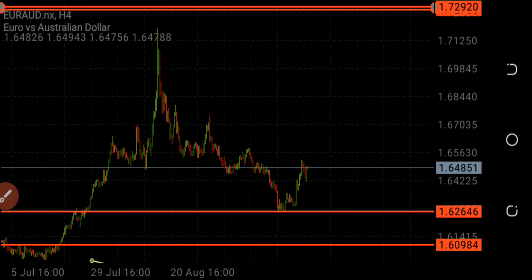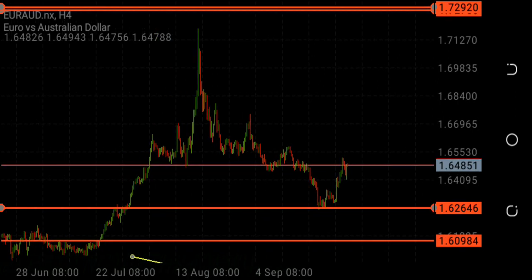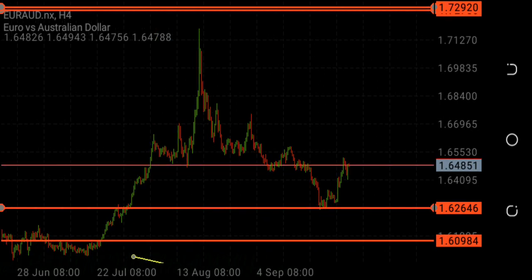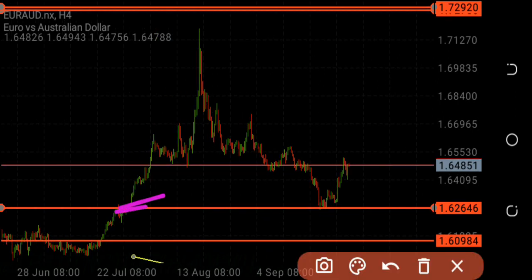Now, why did I say this? This was the last order block. So the only significant order blocks that we have are these. This one has been respected already. So we have this and this as the most significant order blocks, because this is the zone that price reacted to before moving up.